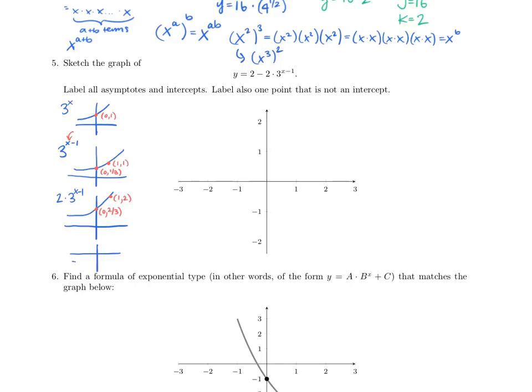So here I now have something that looks like that. Sorry, I'm now writing on this text here. So this changes the sign of the output. So this now becomes 0, negative 2/3. This point would become 1, negative 2. I flipped it right over. It didn't change the magnitude, it just changed the sign. This is negative 2 times 3 to the x minus 1.